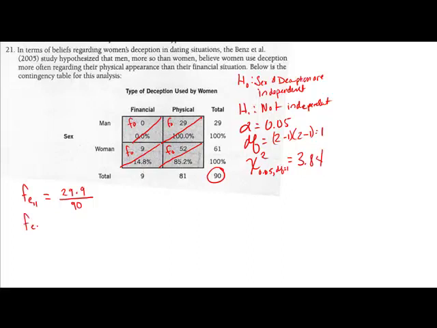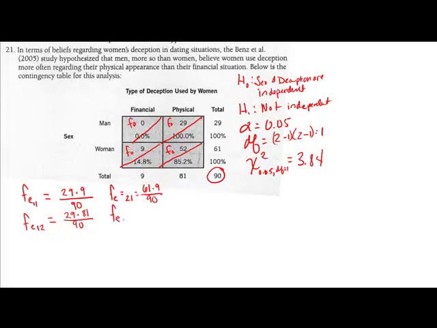The frequency expected for row 1, column 2 is the total of row 1 times the total of column 2 divided by n. Frequency expected for row 2, column 1, this one here, is equal to the row total times the column total divided by n.